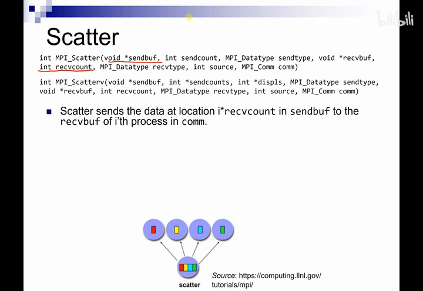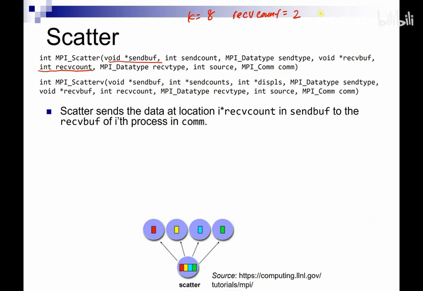Suppose we have k equals 8 processes, and my receive count is equal to 2. Every process is going to receive 2 values from me.